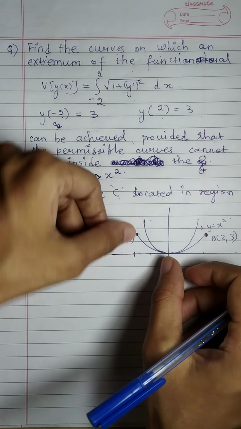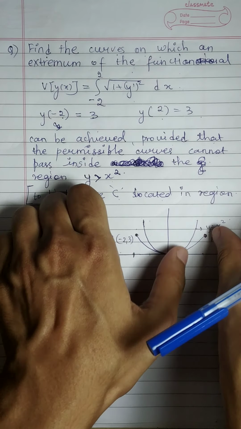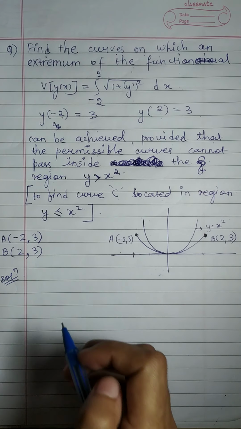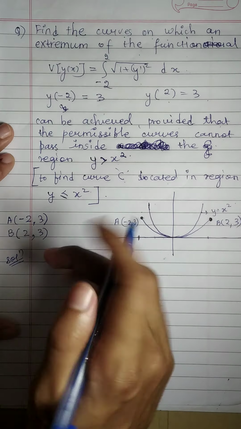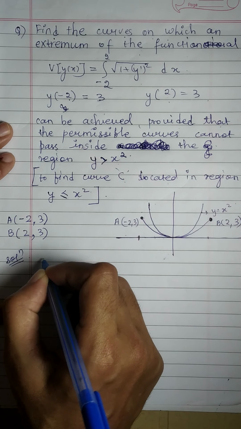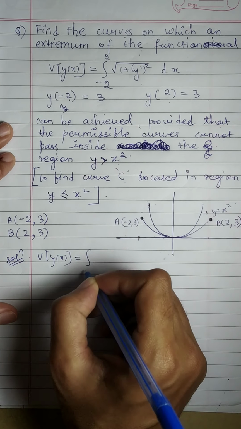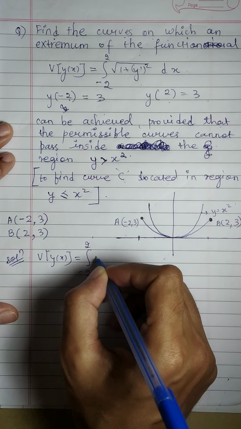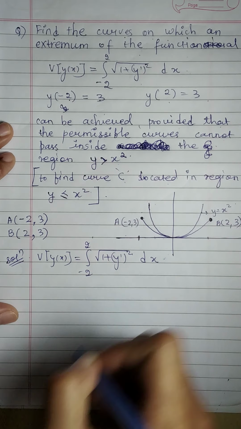On this part and this part, initially we have the functional v of y of x equal to integral from -2 to 2 of root of 1 plus y dash square dx.